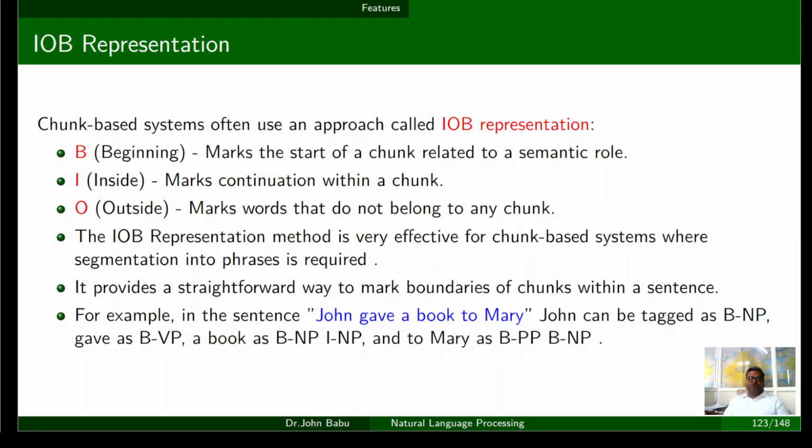For example, John gave Mary a book. John is tagged as beginning noun phrase, gave beginning verb phrase, a book beginning noun phrase, and inside noun phrase, Mary as beginning prepositional phrase as well as beginning noun phrase.